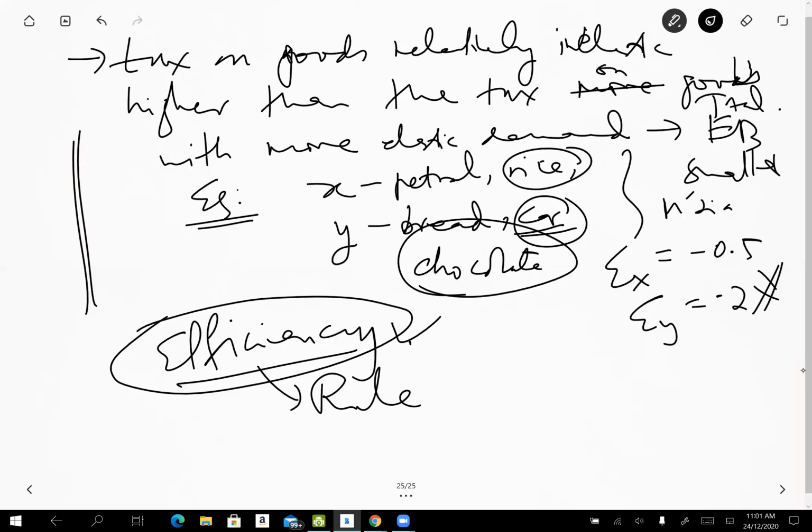Now, look at this example. Compare the rice and chocolate. In reality, how do these two goods affect our life? How much are these two goods needed in our country?